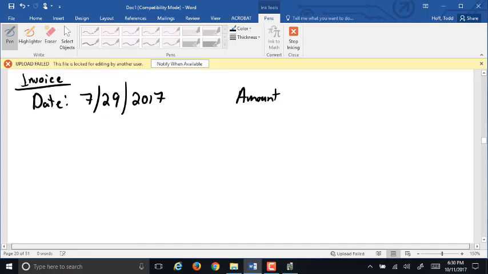The amount is, this is that net price from all the trade discount stuff, $3,500. We're going to keep it simple for now.